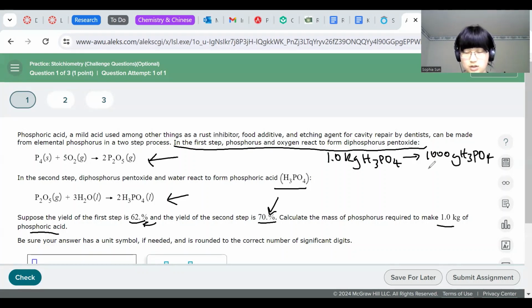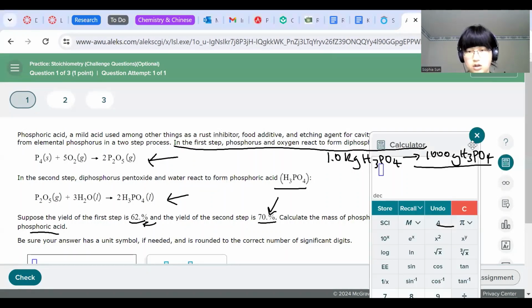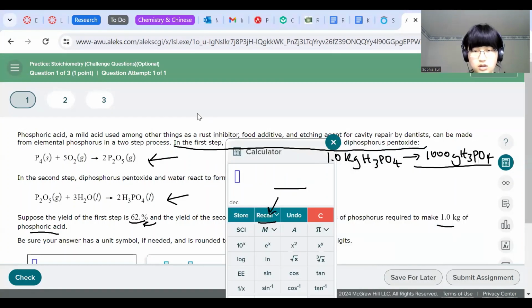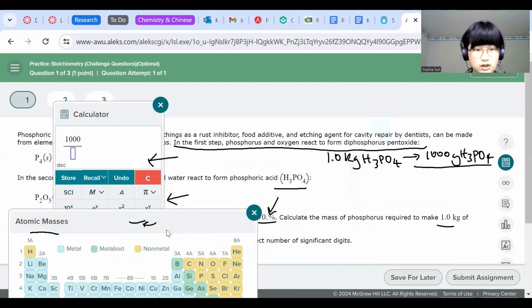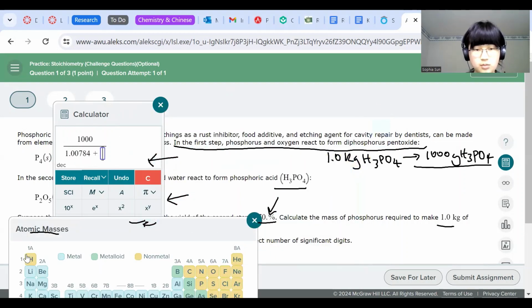And then this can be just converted into moles by dividing by the molar mass. I'm actually going to do this on the calculator, just so I can store these values for later. So 1,000 divided by H3PO4, so 3 hydrogen plus 1 phosphorus plus 4 oxygen.